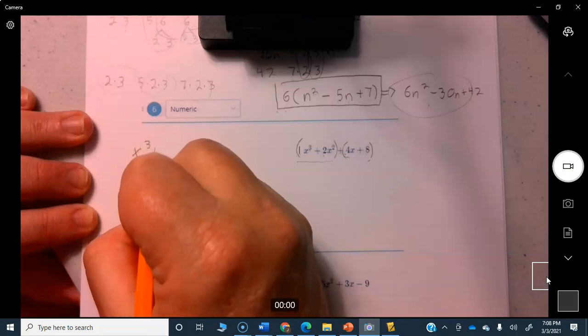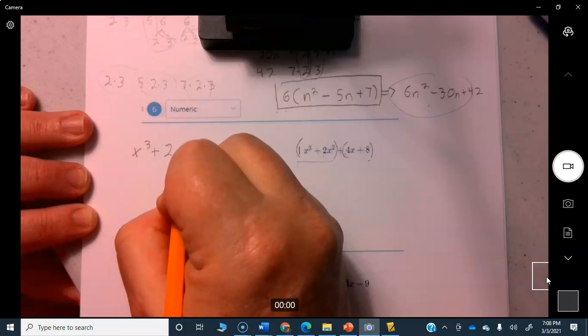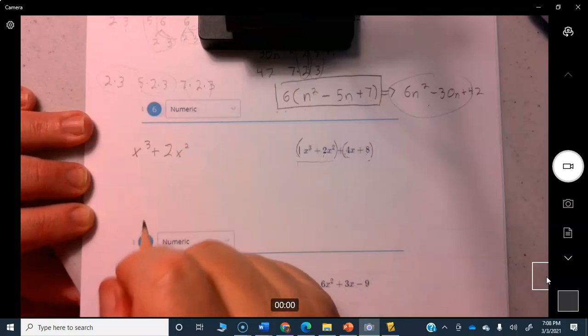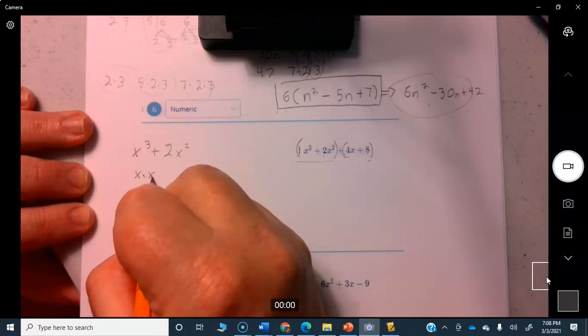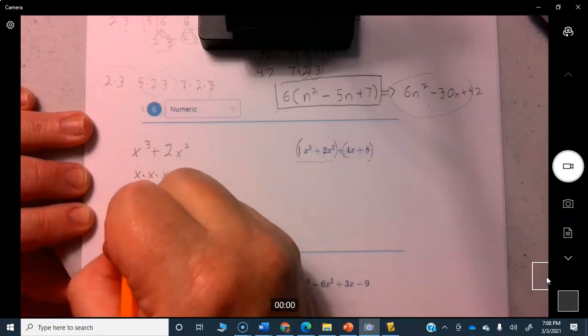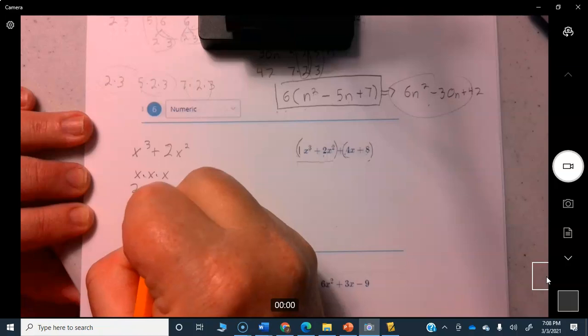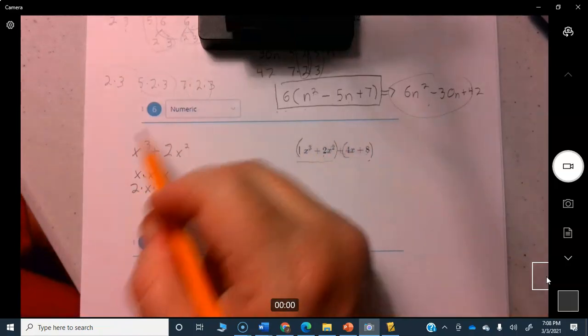X to the third plus 2x squared. Okay, and x to the third is x times x times x. And 2x squared is 2 times x times x. Okay, so we're going to factor just this right now.